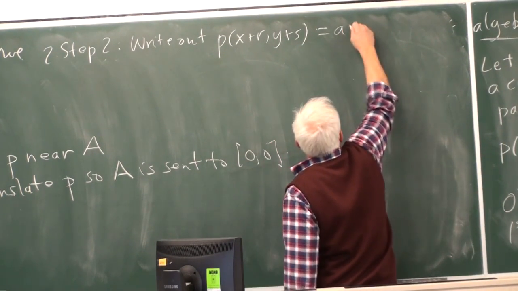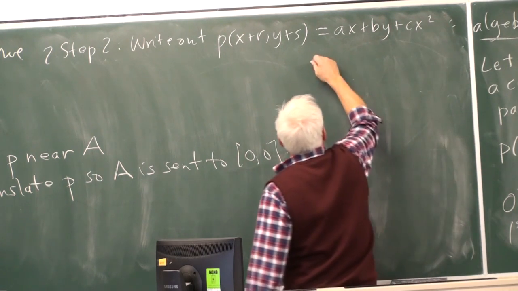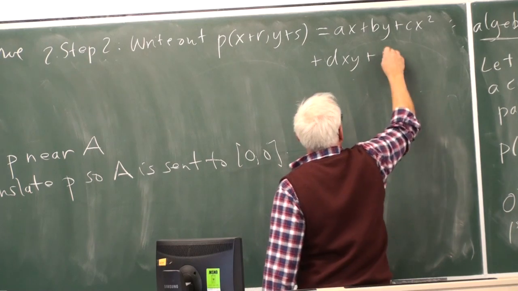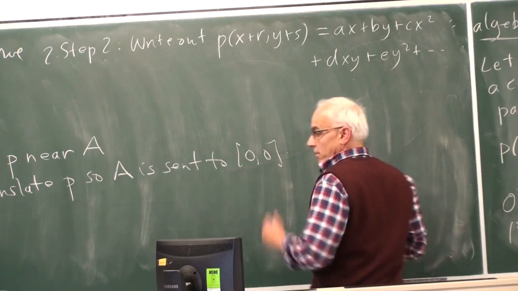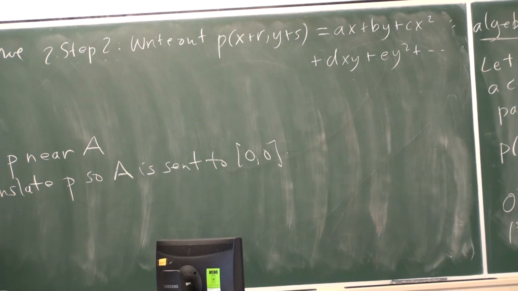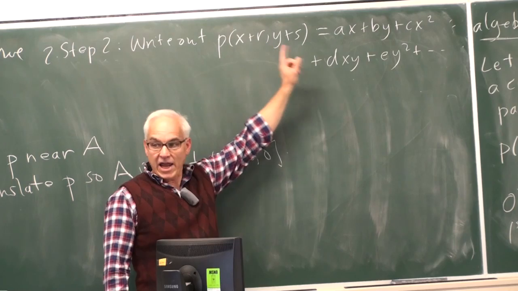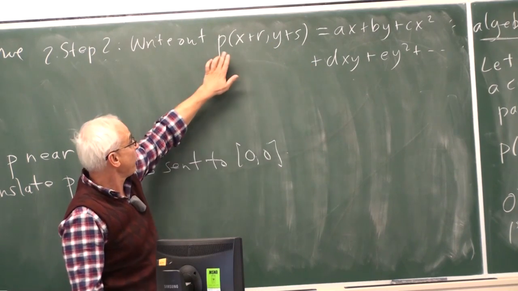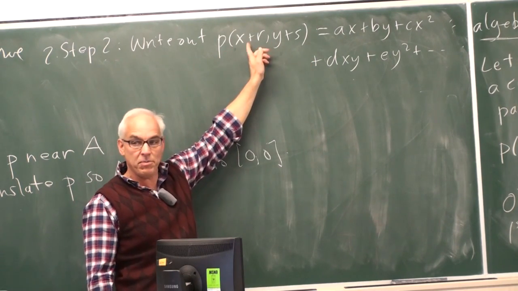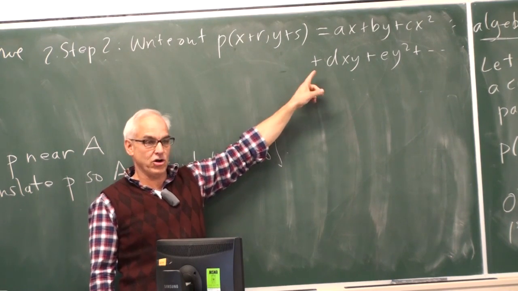So a times x plus b times y plus c x squared plus d xy plus e y squared, and so on, whatever it takes. We know there's going to be no constant term because we've arranged that this thing is 0. If you plug in x and y equals 0, then you get P of r, s, which we know is 0. So there's definitely no constant term here.